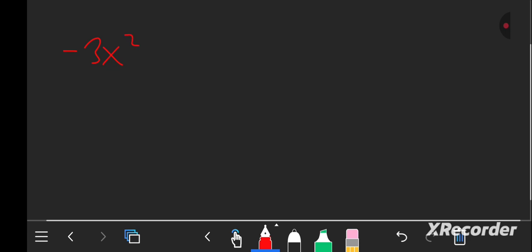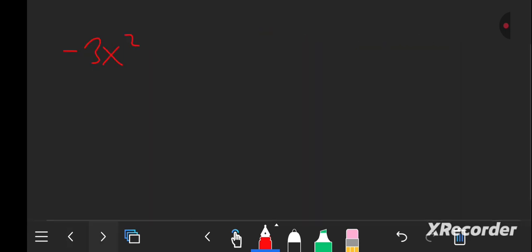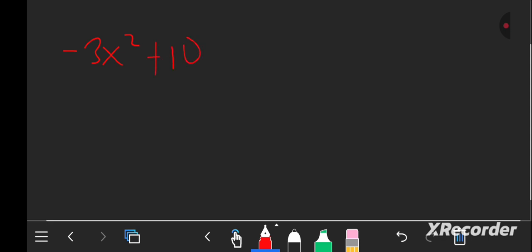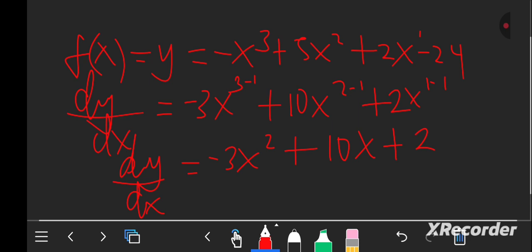So let's solve it. The equation we have is negative 3x squared plus 10x plus 2.